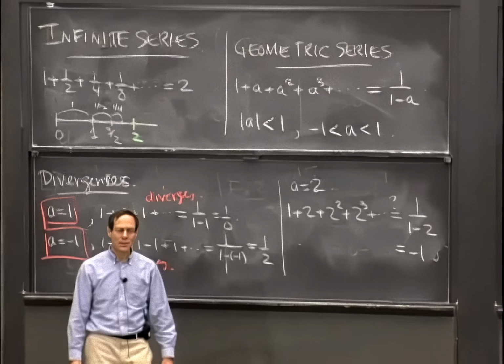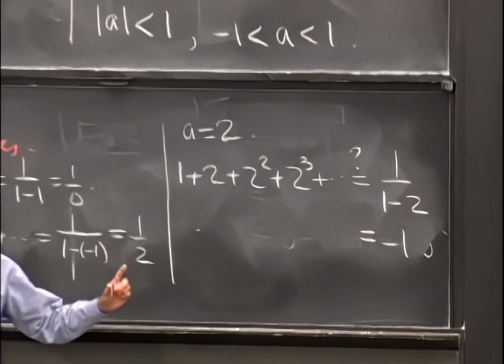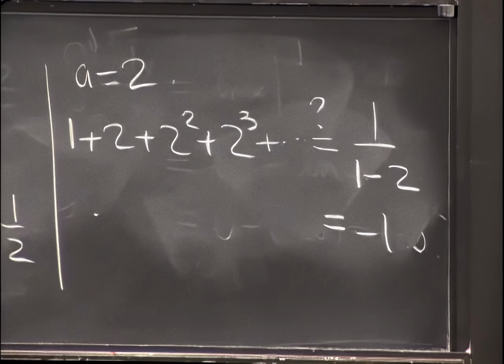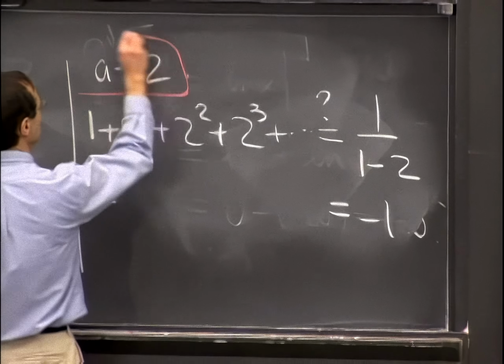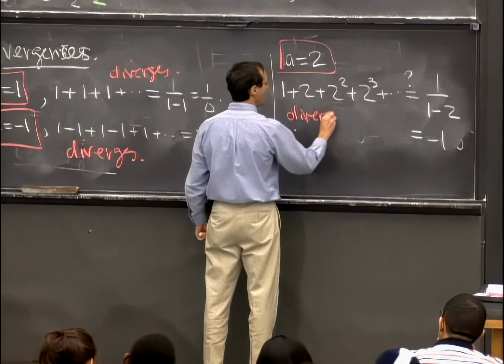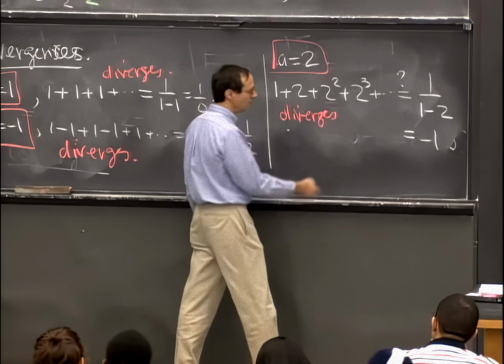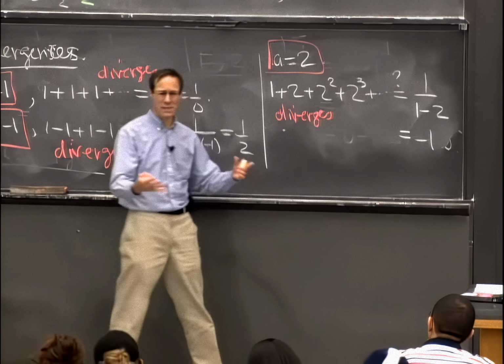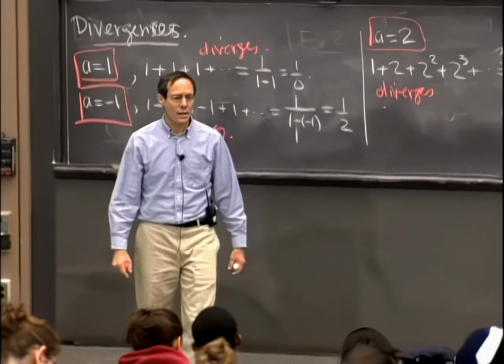Now this one is clearly wrong. It certainly diverges. The left-hand side is obviously infinite. The right-hand side is way off. It's negative 1.